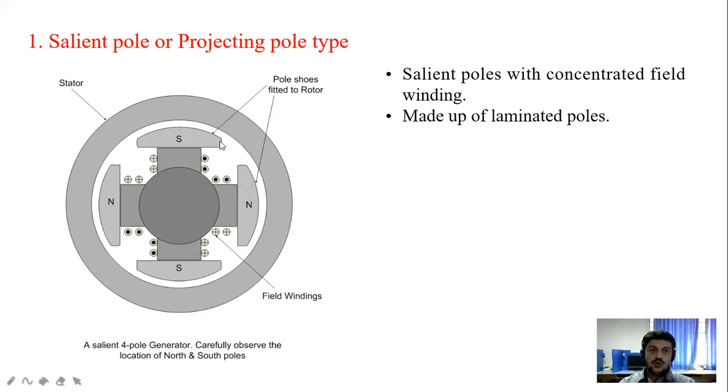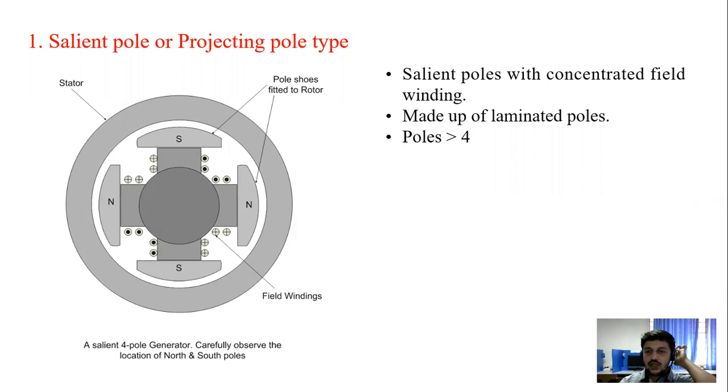Each pole is a laminated structure that will reduce the eddy current losses. In the case of salient pole synchronous machines, the number of poles is always greater than 4. As the number of poles is more compared to cylindrical rotor machines, the synchronous speed is definitely less, because synchronous speed is inversely proportional to the number of poles.